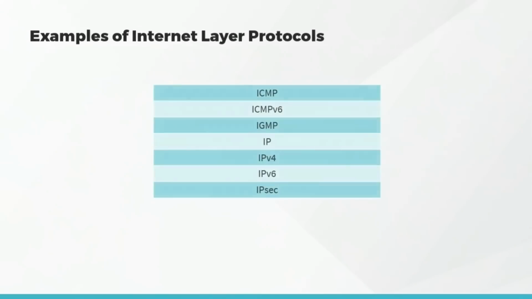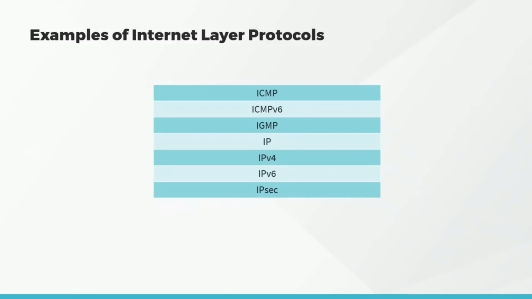And then at the internet layer, we see protocols including the Internet Control Message Protocol, which has two versions. Its original and version 6, which comes down to the IP version 4 and version 6 that we see below, but I'll get back to that in just a moment. IGMP is the Internet Group Management Protocol. Then IP is simply Internet Protocol, which, as mentioned, comes in two versions, version 4 and version 6.